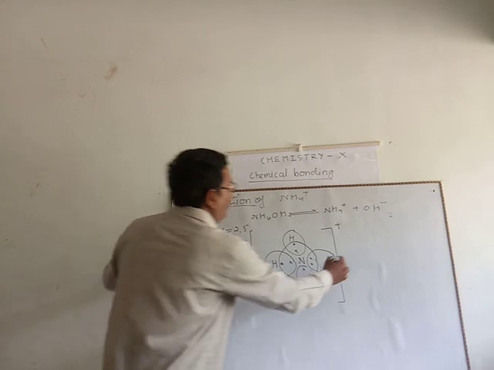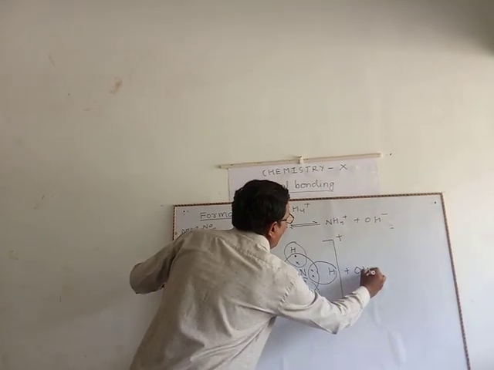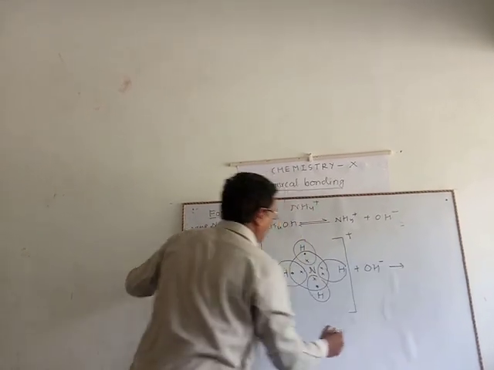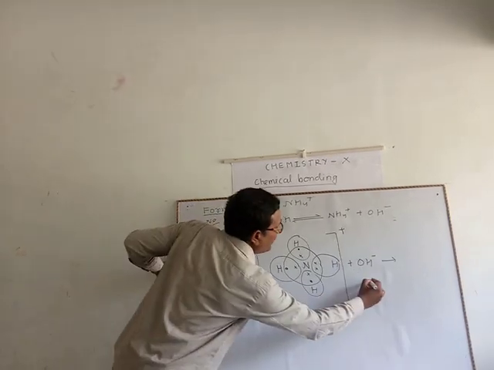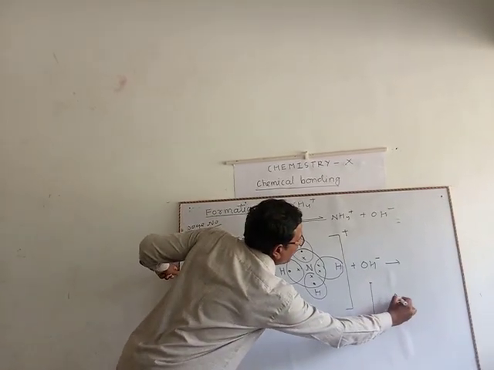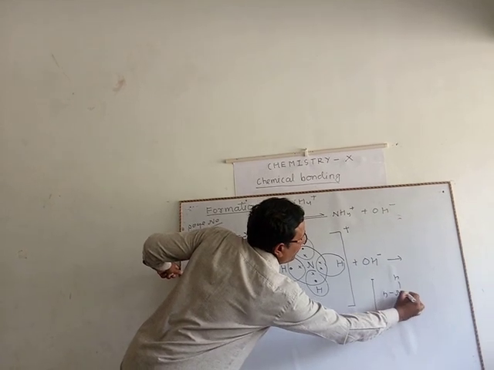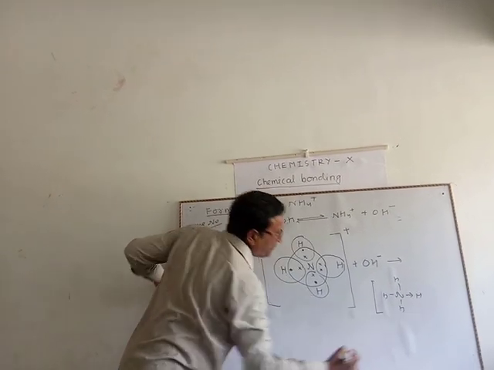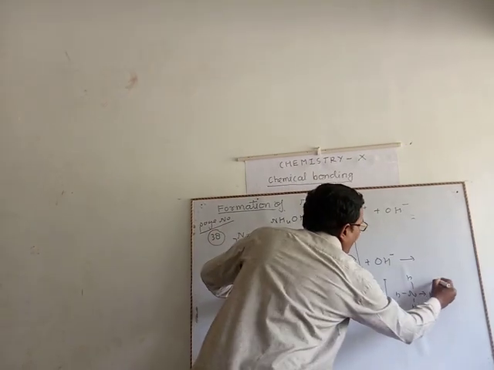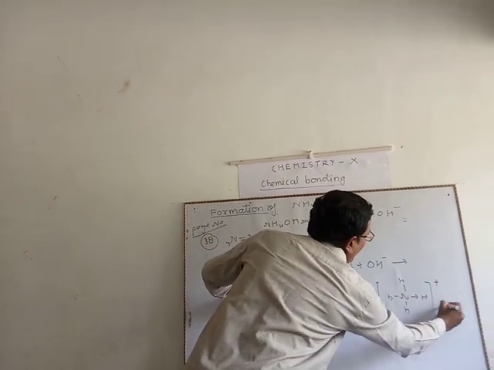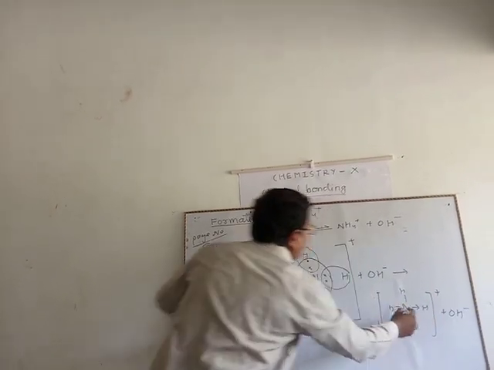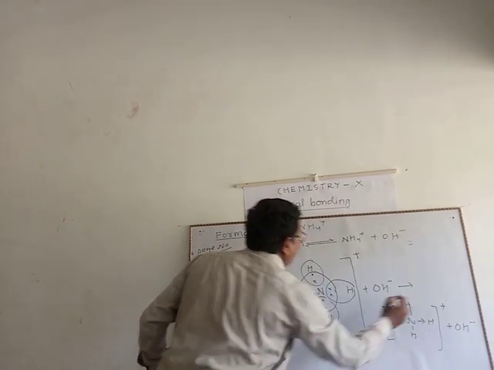Now plus OH ion. The structural formula: nitrogen with 1 electron shared with hydrogen, 1 lone pair, and it forms the OH ion. This is the formation of the ammonium ion.